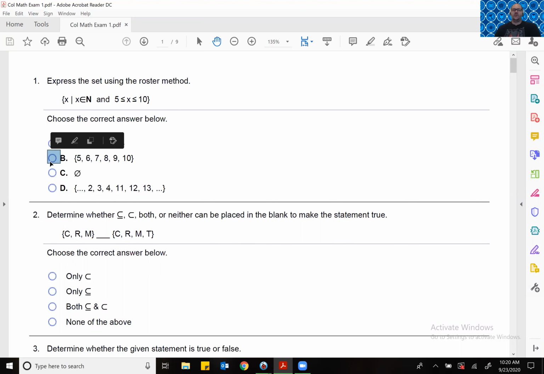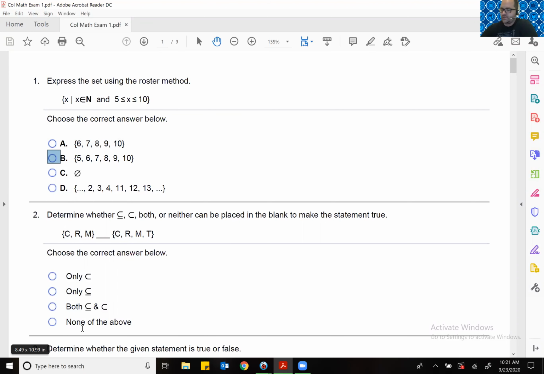Okay. So the next question is all about subsets, proper subsets, whether it can be both or neither. So this is coming from 2.2. Okay. And they want you to pick one of these 4 ideas.